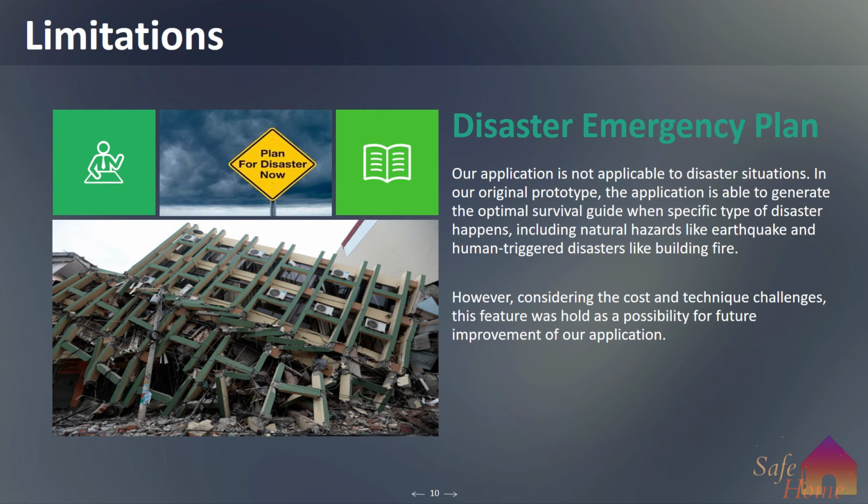In fact, our original prototype considered implementing functionalities that could generate the optimal survival guide under disaster situations, such as earthquake and building fire. However, due to financial and technological reasons, this feature was held as a possibility for future improvement.